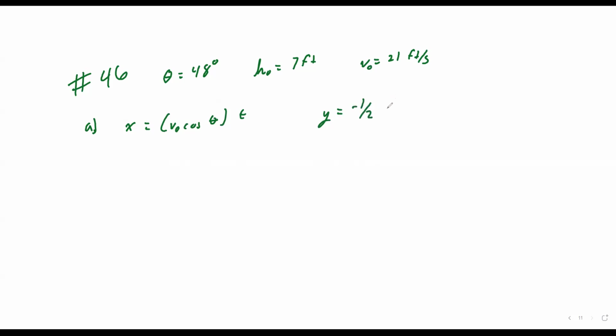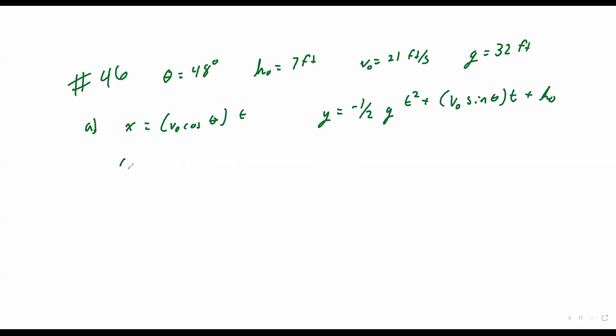So -1/2 g t squared, where g represents gravity, plus initial velocity times sine theta times t plus initial height. So g here, gravity, will be 32 feet per second squared, I believe. I think you have another one for meters or something like that, but that's what gravity would be because we are in feet.